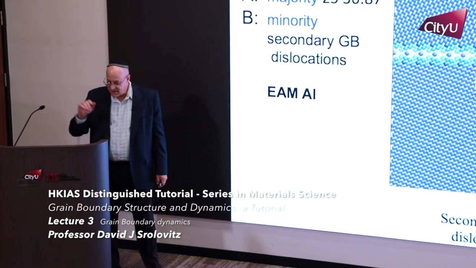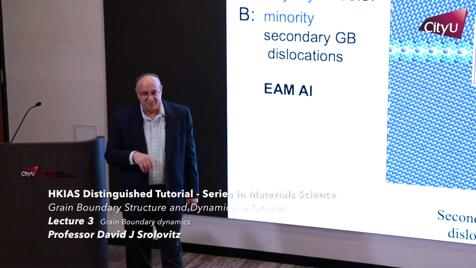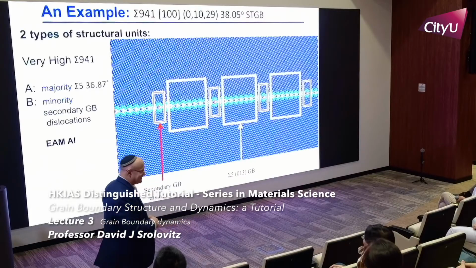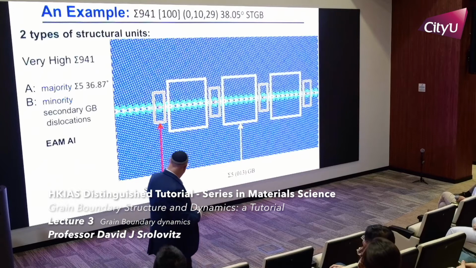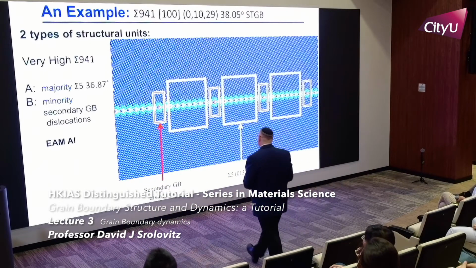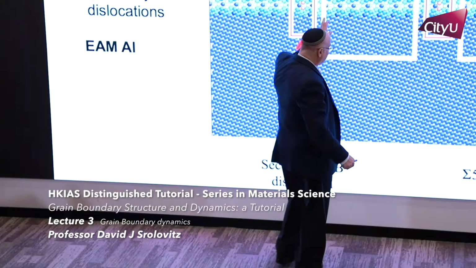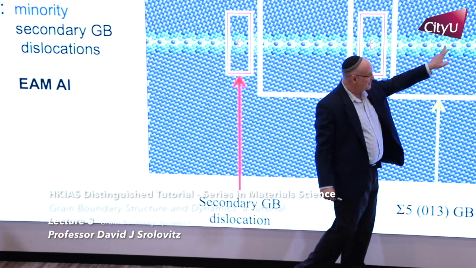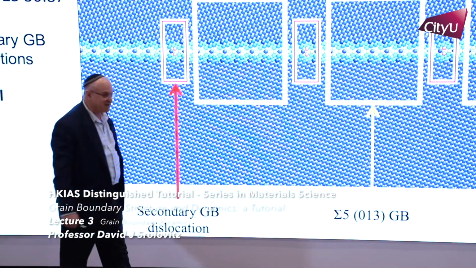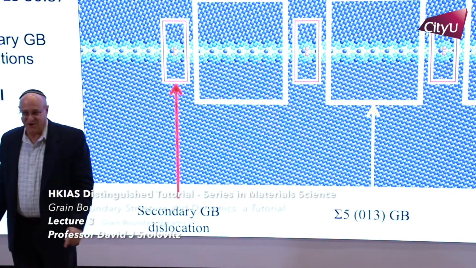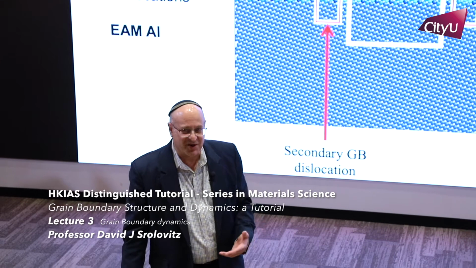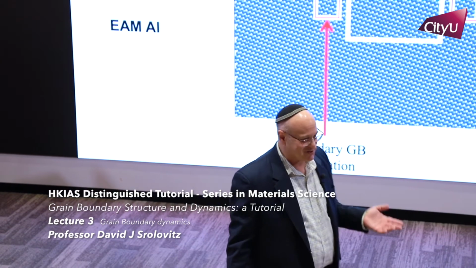So first, let me start with a simple grain boundary, a sigma 941 grain boundary. Now, a sigma 941 grain boundary is just a sigma 5 boundary with small additional units which are spaced far apart, which we call the minority units in the grain boundary structure, or we can also call these secondary grain boundary dislocations.